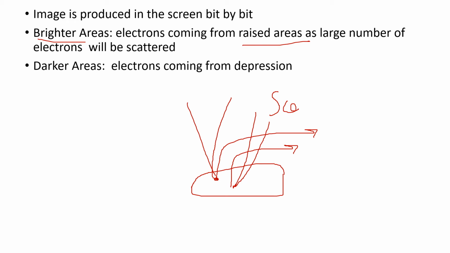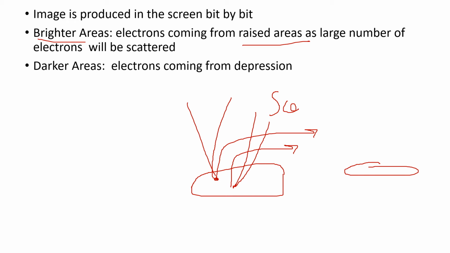As you know, in scanning electron microscopy, we are using primary electrons that give secondary electrons. These secondary electrons come out from the surface of the specimen. So what is mainly under observation in a scanning electron microscope? It is the surface of the specimen and not the internal structures.